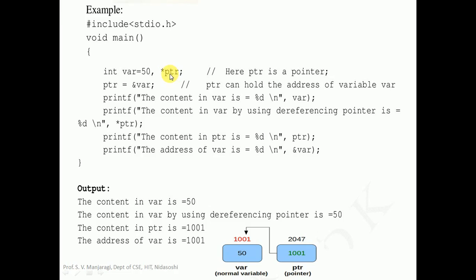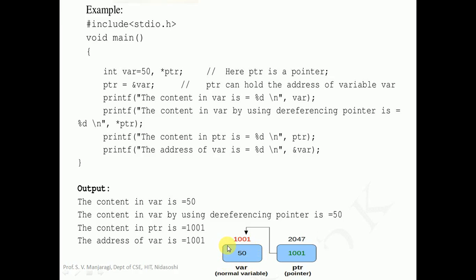Now once we declare an integer type variable like var and initialized to 50, now let us see how this is stored in the memory. So basically the value of var will be stored in the memory like this, and 1001 will be the address of the memory location. So we can take this as a memory location, and every memory location is assigned with the address by the system.